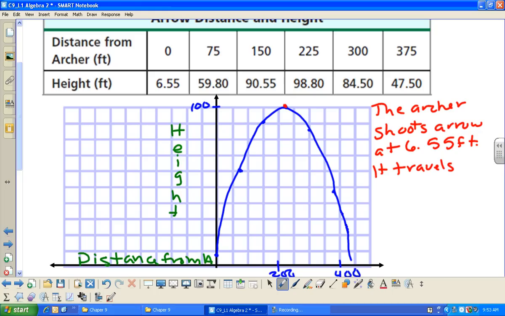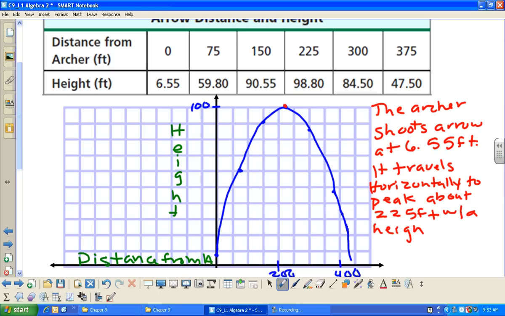It travels horizontally to its peak, the highest point that the arrow reaches, about 225 feet, with the height roughly 99 feet. And that would be my verbal description.